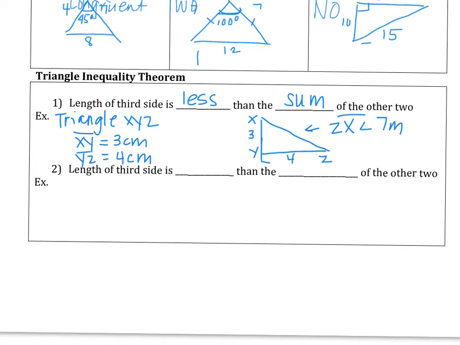So by this definition, the length of the third side, so in that one this would be this one, this triangle, has to be less than the sum of the other two. So the sum of these two together are 7. 3 plus 4 is 7. That means if we don't know what this one is, then we know that it has to be less than 7. I have this as meters. It's actually centimeters.